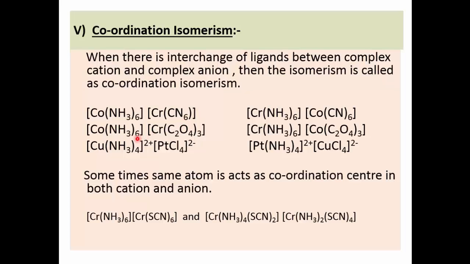Let us see the second example. [Co(NH3)6] [Cr(ox)3], this is the oxalate molecule. Cr is coordinated to oxalate. This is the anion. Again this is the cation. Cobalt is part of the cation. Chromium is part of the anion. See its isomer. Now chromium is attached to ammonia. There is interchange of ligands, ammonia and oxalate ion.